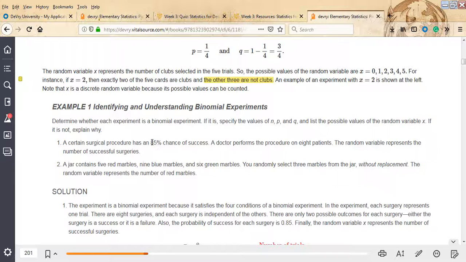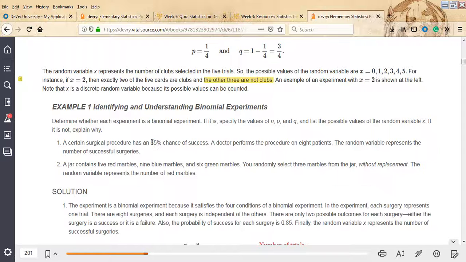So kind of going back to the rules of a binomial probability, the probability of outcome has to be the same in each and every trial. Is it the same from surgeon to surgeon to surgeon, and with different equipment and different operating rooms and everything like that?